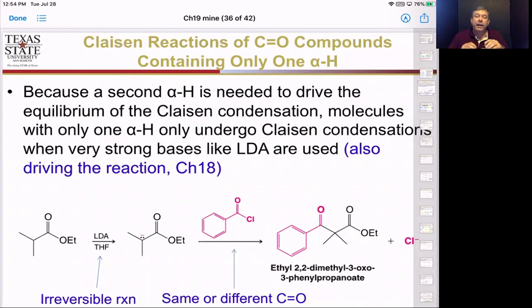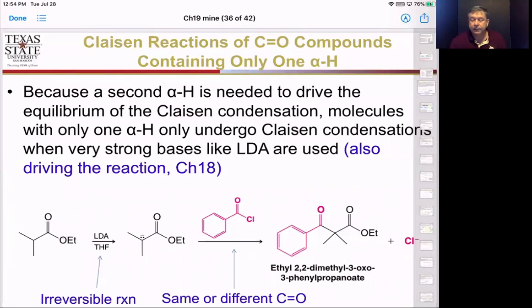So one way to make sure you get only one product available to you is to do what we call a cross Claisen reaction, meaning you have one substrate that does have alpha hydrogens, and then you do a reaction on something that has no alpha hydrogens, and then you can get a similar reaction to go.